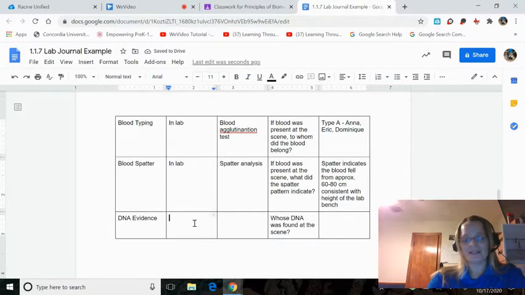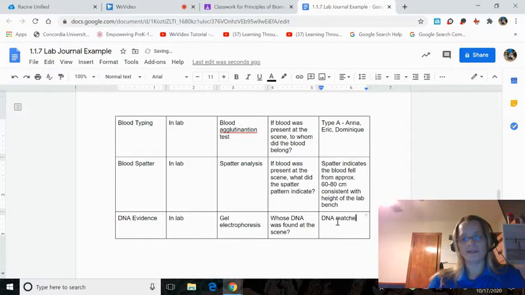DNA evidence was done in lab. That would be gel electrophoresis. And the DNA matched Ana's.